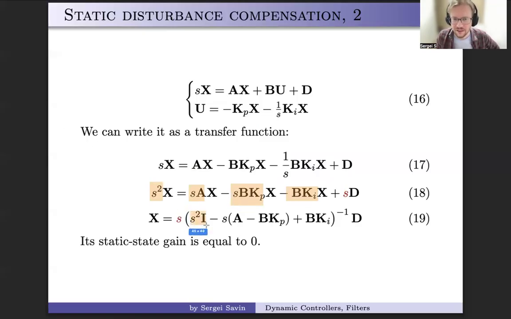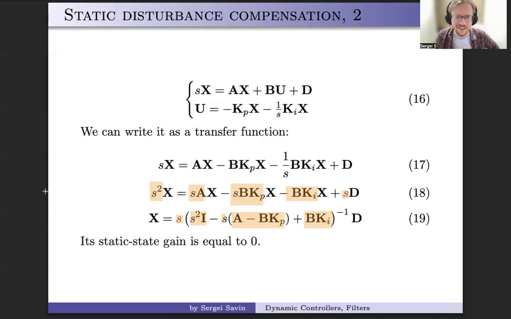So S squared minus A minus BKP S plus BKI, right? All of this. And we multiply it by its inverse, both sides. So we get the expression 19. And this S is going here.